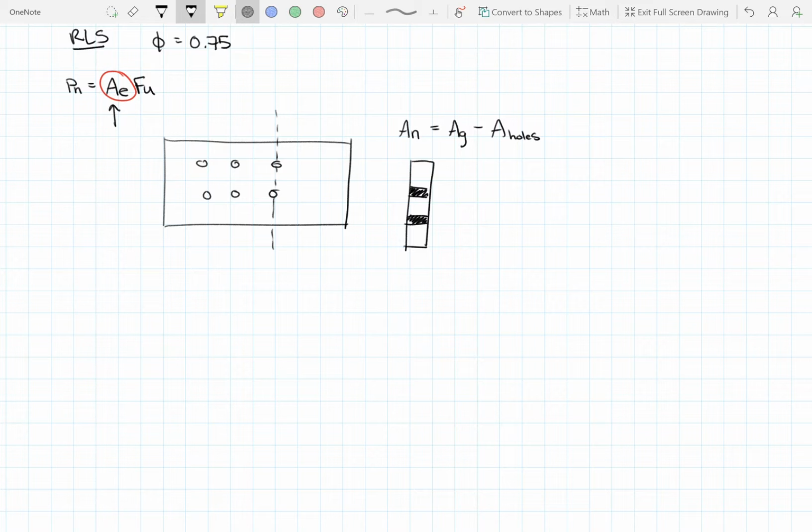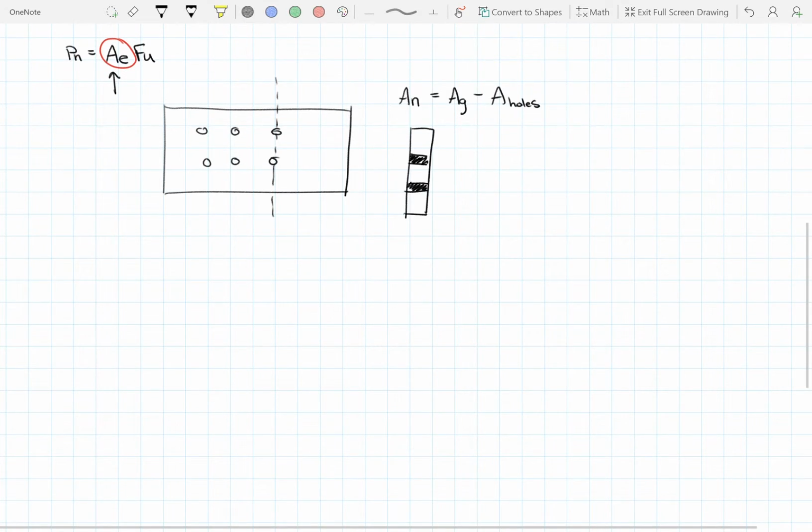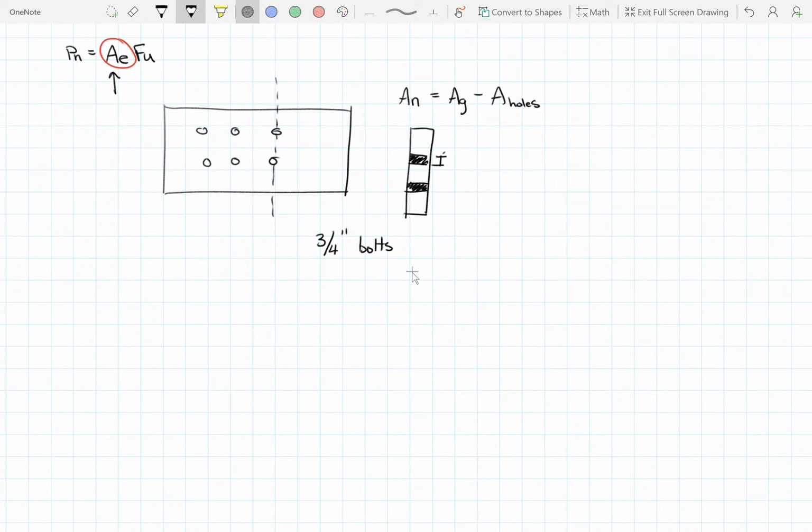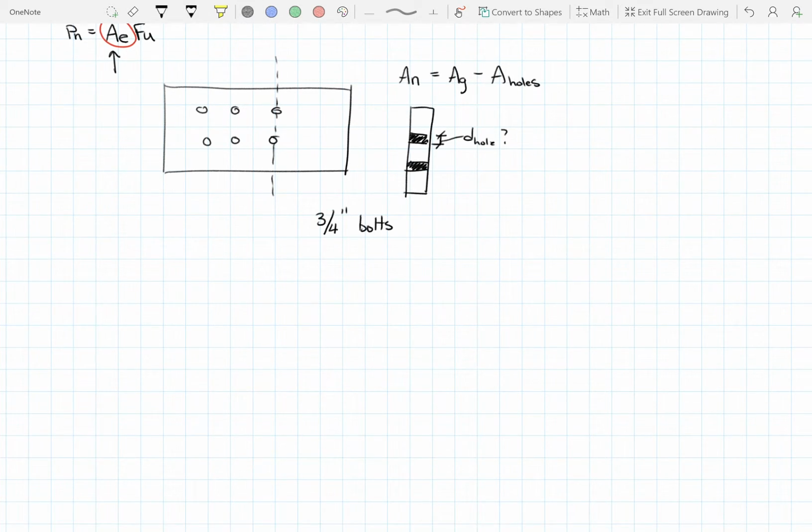If they tell you that the bolts are 3/4 inch bolts, then how do you use that 3/4 inch to calculate the diameter of the hole? Well, they always make holes 1/16 bigger than the bolt, so the bolt will always fit and it won't get stuck.